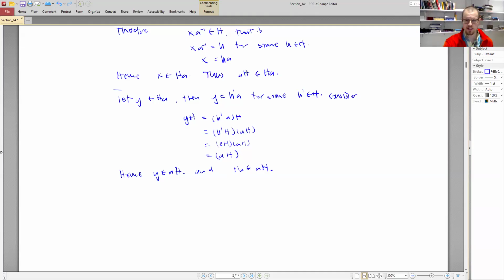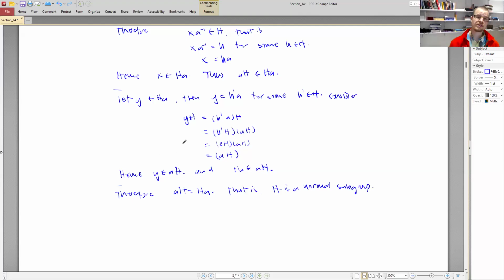So I have subset containment in this direction, AH is a subset of HA. I have subset containment in the other direction, HA is a subset of AH. Therefore, I must have that AH is equal to HA. That is, H is a normal subgroup.